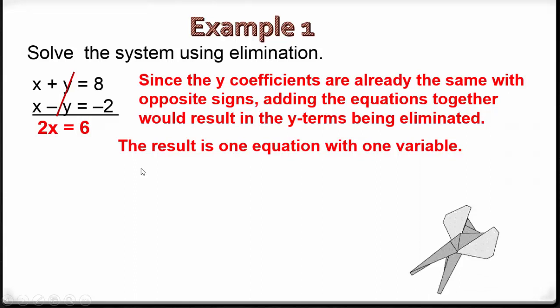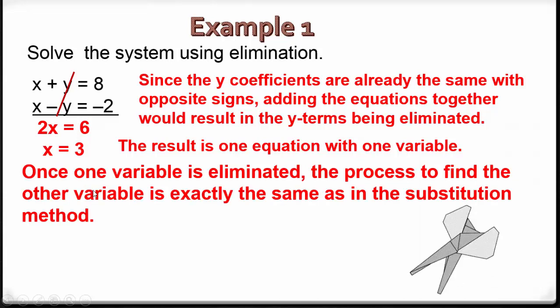The result is one equation with one variable. And we solve for x, and we find that x is equal to 3. Once one variable is eliminated, the process to find the other variable is exactly the same as the substitution method.